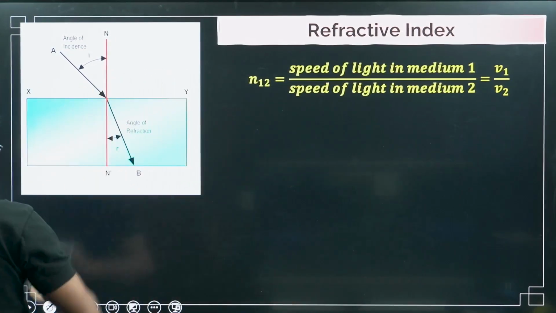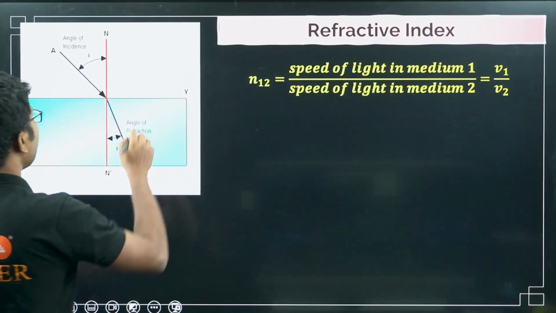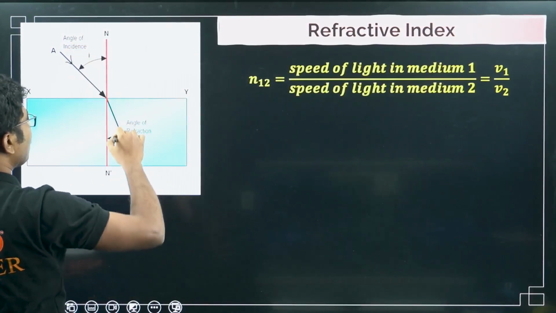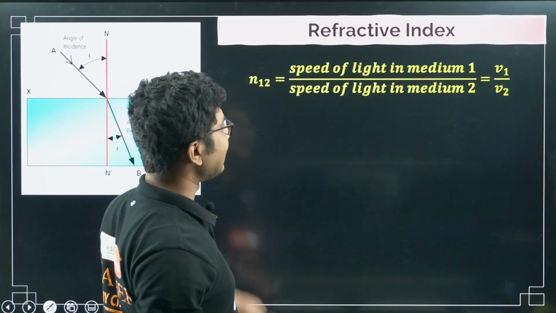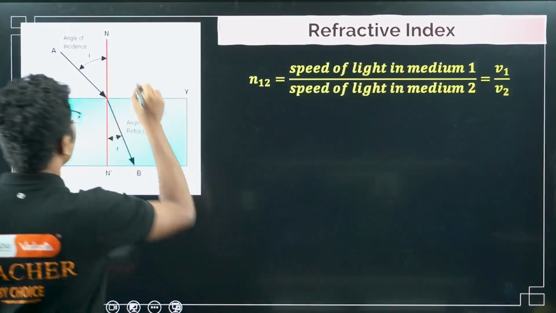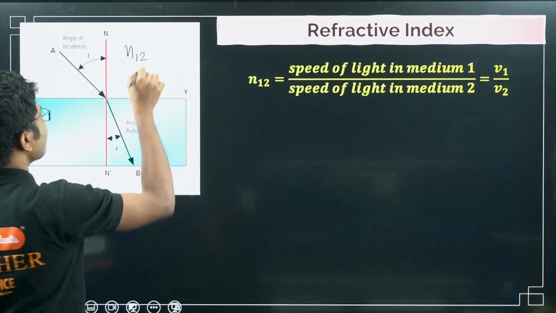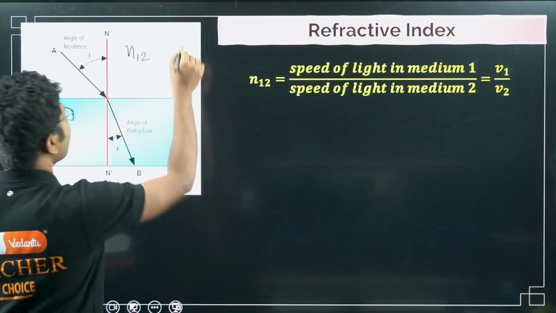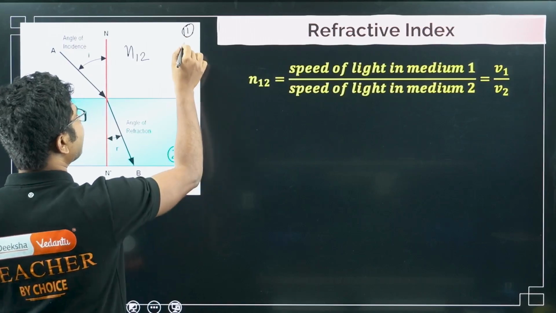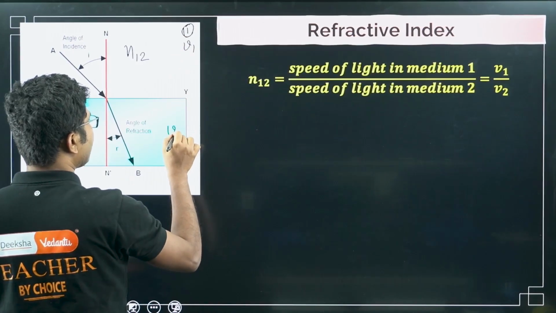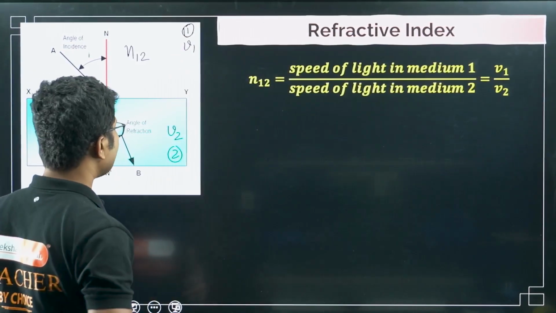Suppose we have two mediums, and light is traveling from this medium to this medium. This is medium 1, this is medium 2, speed of light in this medium is V1, and speed of light in this medium is V2.